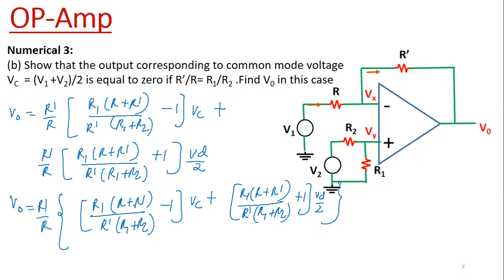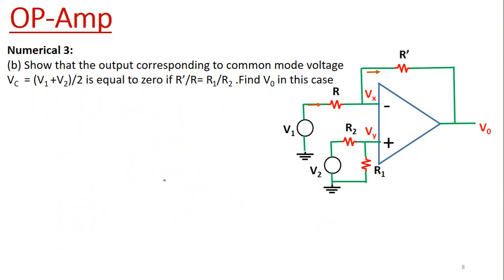In both the terms we have the same type of terms, so we can divide the numerator and denominator by R1 and R dash. After dividing, we get this type of equation.